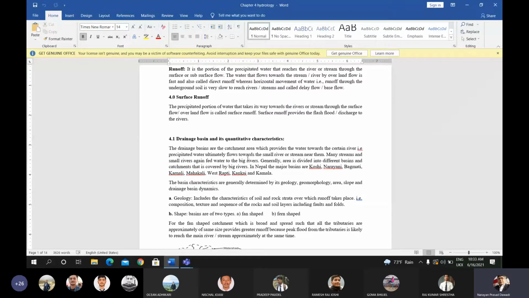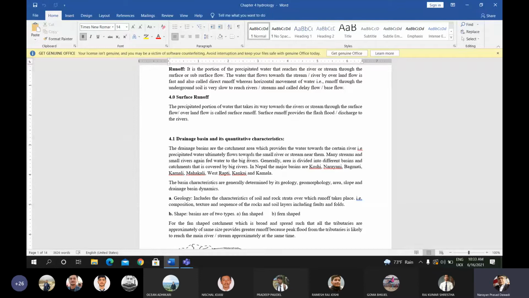Now in Nepal, the major basins are Kosi, Narayani, Bagmati, Karnali, Mahakali, West Rapti, Kankai, and Kamala. These are the important major basins of Nepal. You may have the Gandaki basin, which is up to the Myagdi district.